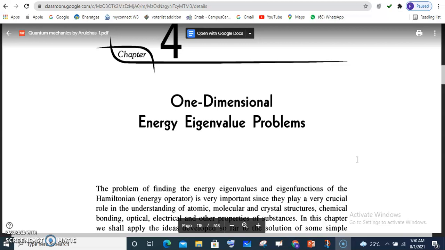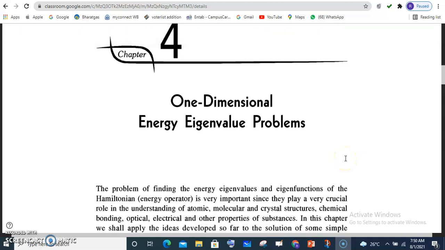As you know, the Hamiltonian is the sum of kinetic energy and potential energy for a given system. So our task is to find the kinetic energy and potential energy of the system, so that the sum of kinetic and potential energy gives the Hamiltonian for that particular system.